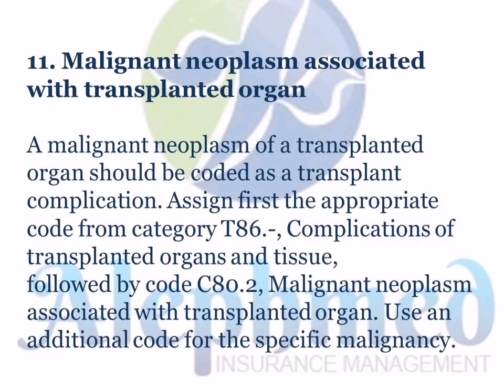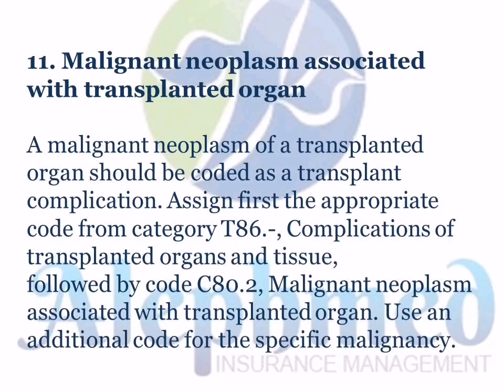Then malignant neoplasm associated with transplanted organ. There is a malignant neoplasm of a transplanted organ. That is, if there is malignant neoplasm of the kidney, and it's already transplanted, then we have to associate this particular case and assign the appropriate code.